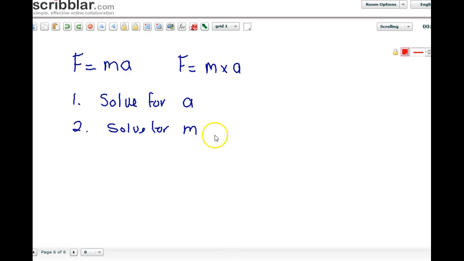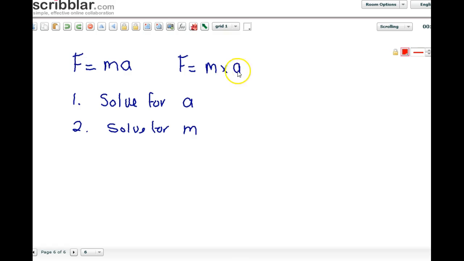Right, so for question 1, I want to solve for A, so I want it to be A is equal to something. So the first thing I look and say, well, what is happening to A? Well, A is being multiplied by M, so I need to undo this multiplication and I'm going to do a division.